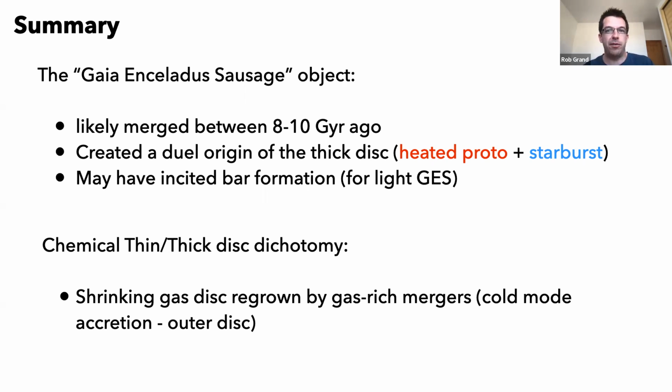And then for the formation of the chemical thin-thick disk dichotomy, it's this rather peculiar mechanism whereby we need a starburst at the beginning, then a shrinking gas disk from a lack of gas accretion, and then the reaccretion of a gas-rich minor merger at late times.